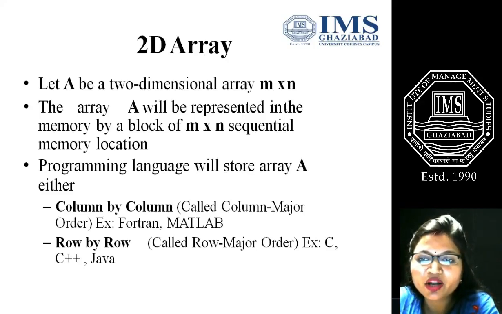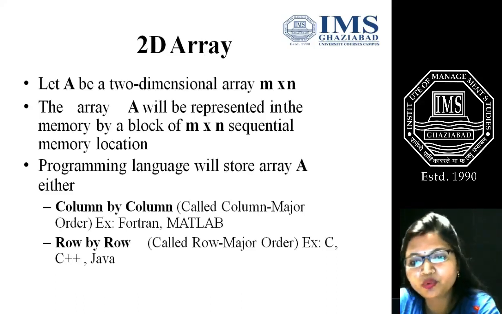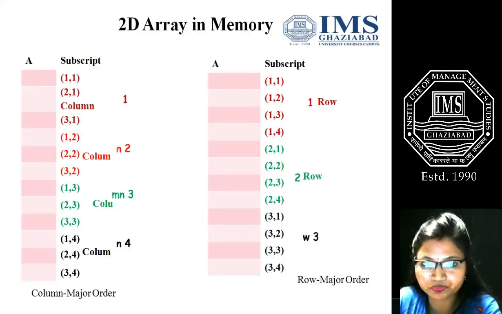Column by column is also called column major order. By default, the Fortran and MATLAB languages store the elements of a two-dimensional array in column major form, and row by row is also called row major order, in which the languages C, C++, Java store the elements by default.